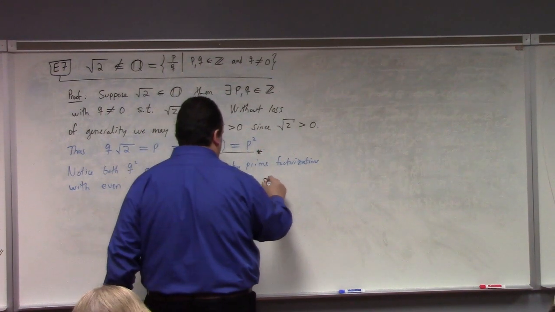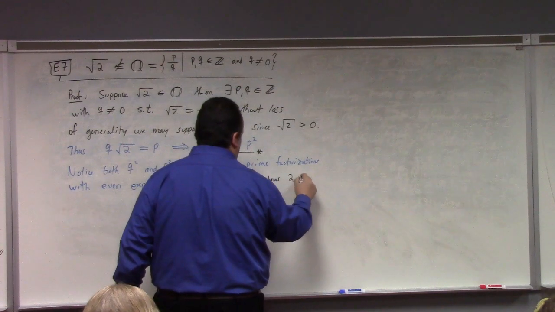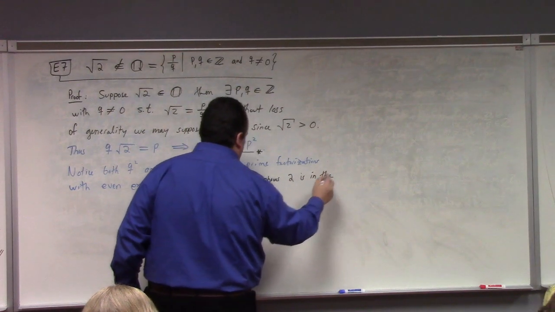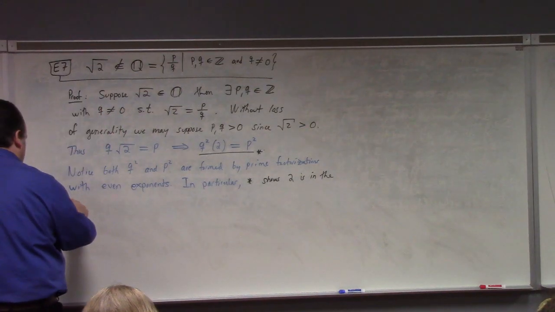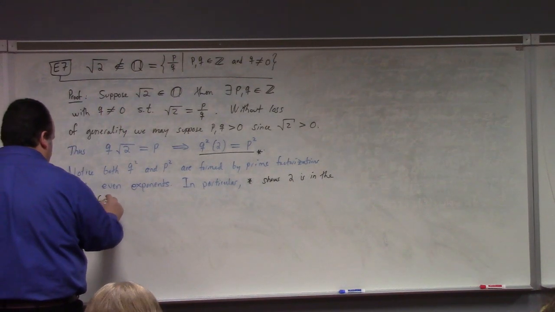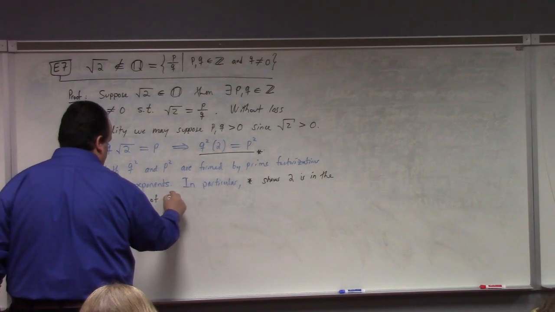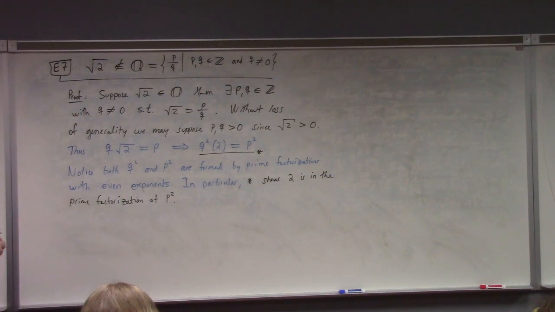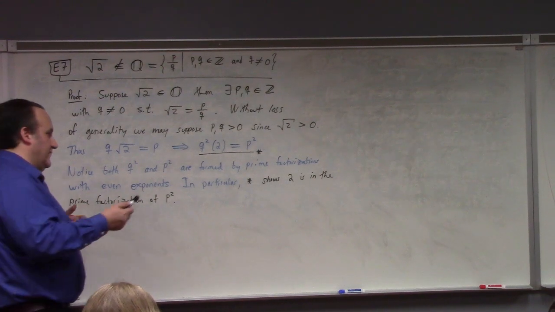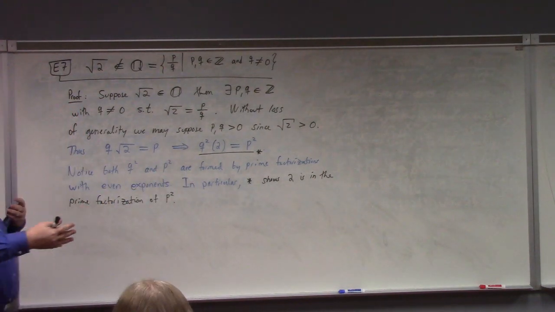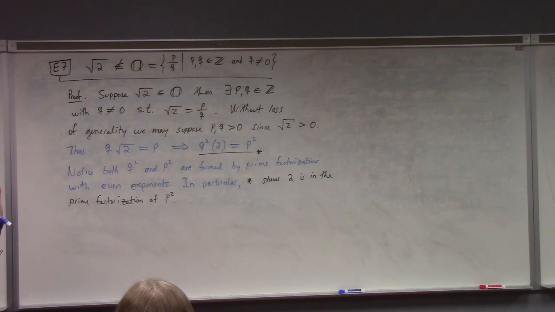Star shows 2 is in the prime factorization of p squared, doesn't it? Anyway, if I can get to the point here, we have p squared has a prime factorization where every prime has an even power, right?